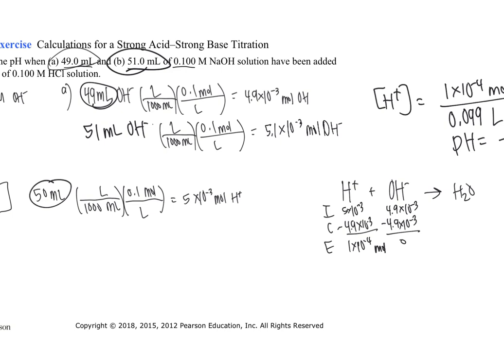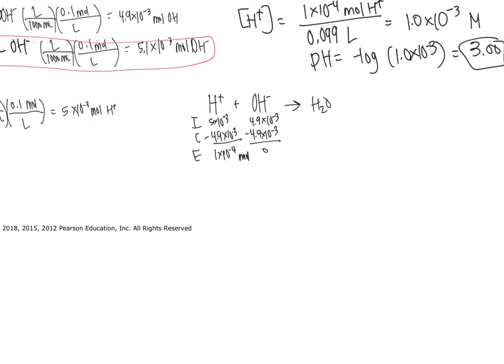So this is for B, so I'll make it red. So now in my ice table, let's do another one. I have the same amount of hydrogen ion because it's the same solution. But now I'm going to have a different amount of hydroxide. So I'll have 5.1 times 10 to the negative third moles.